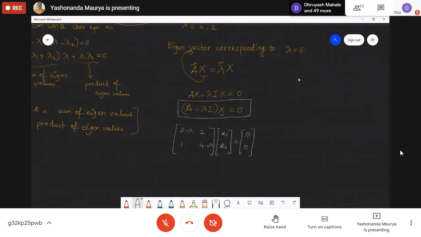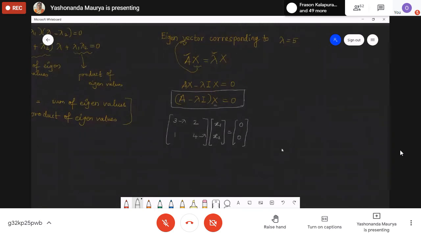Now put lambda equal to 5, because we are trying to find the eigenvector corresponding to 5. So this will be 3 minus 5, that is minus 2. Here it will be 1, 2, 4 minus 5, that is minus 1. This is the system we are trying to solve.